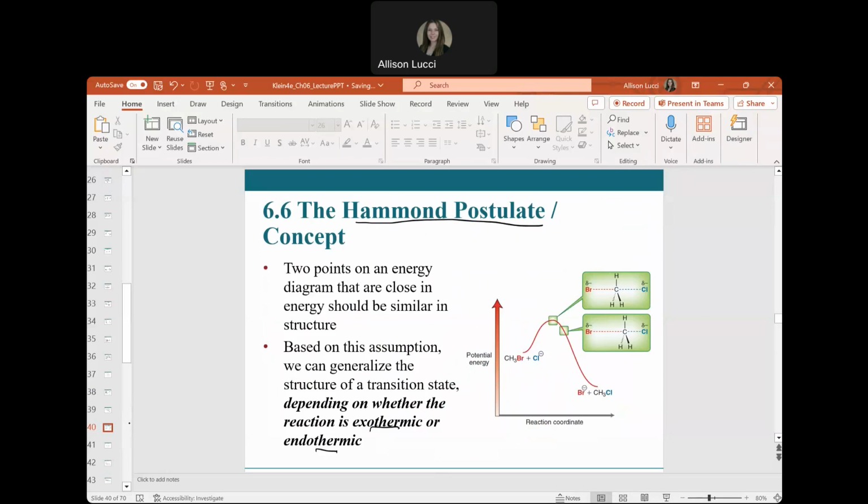So we see two points isolated here on our energy diagram, one at the transition state, and then the second point here as we're going towards products. We can see that they're very close on our energy diagram, so their structures look very similar. So that's the first step when we look at this Hammond postulate concept.